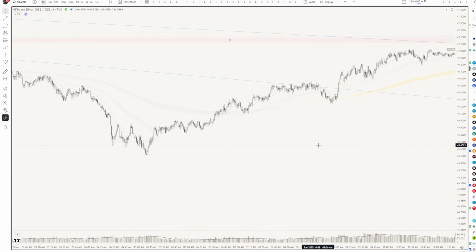Maybe if you're a larger player, you knew you were going to support it. I don't know. But if the band was a bit higher up, this would be a good entry here.